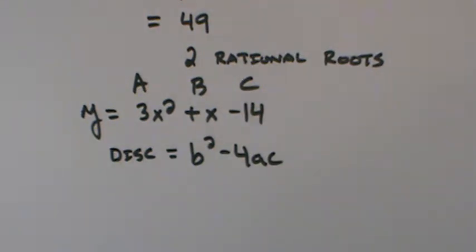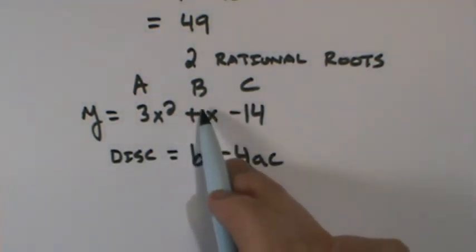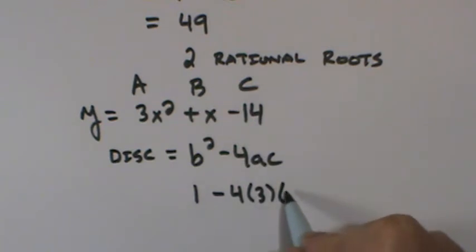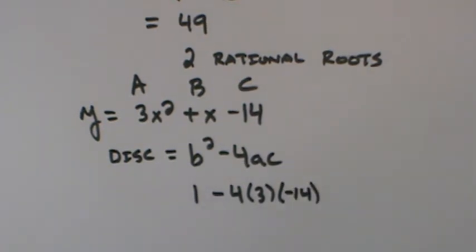I know you don't like to write formula after formula after formula, but by writing those formulas, you commit them to memory. So if I square this b value, there's an implied 1 there, I get 1 minus 4 times a, which is 3, times -14, which is c.